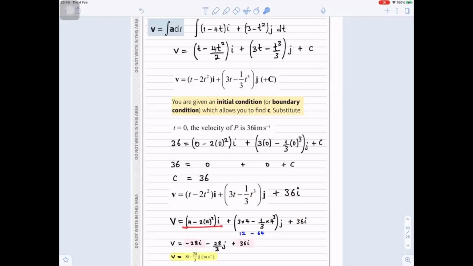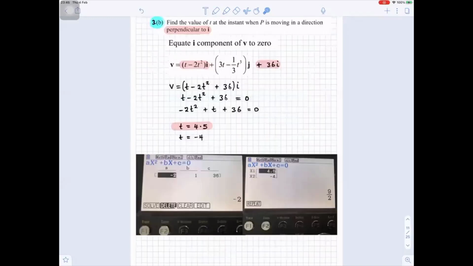If you put that in your calculator, 4 minus 2 times 4 squared is minus 28i. And 3 times 4 minus 1 over 3 times 4 cubed gives you minus 28 over 3 j, plus 36i. Minus 28 plus 36 is like 36 minus 28, which gives you 8i. So it's 8i minus 28 over 3 j meters per second. And that's the velocity.